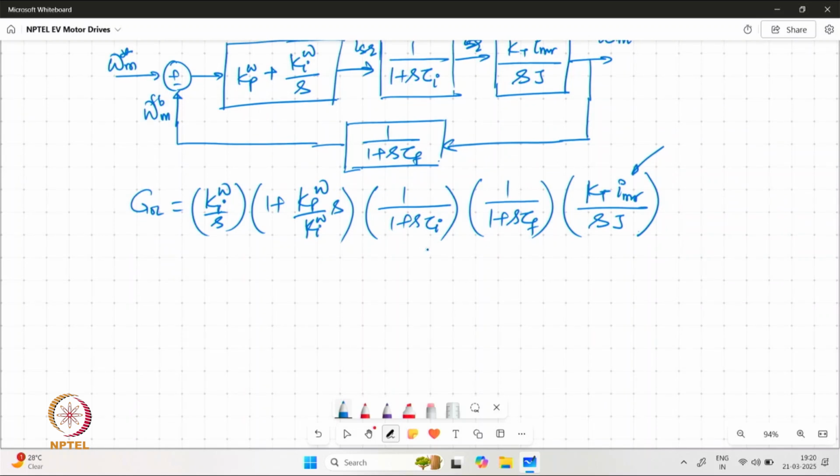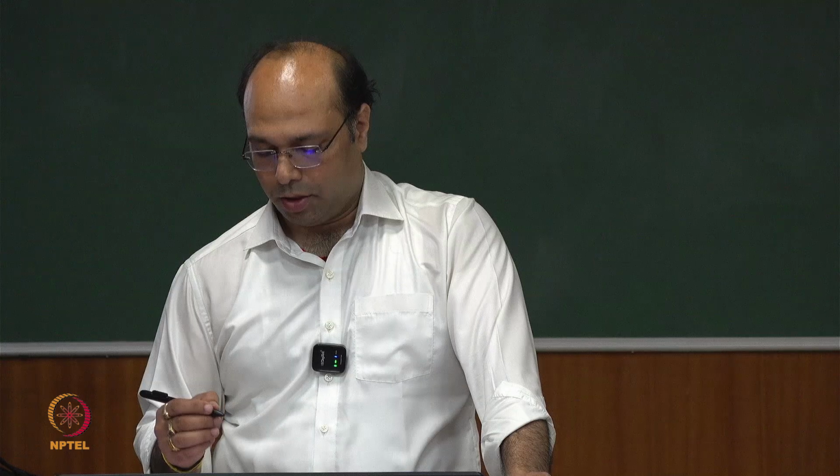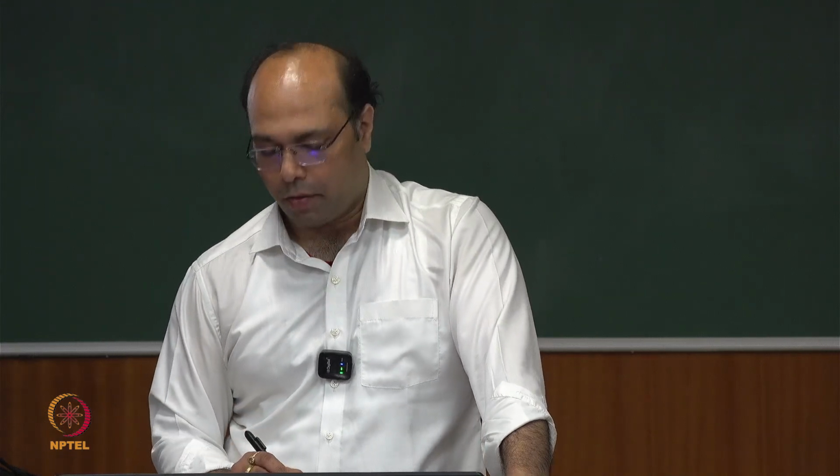And what we understand is that once again we have two first order poles sitting at different distinct locations which can be combined mathematically into a second order system, and once again the product of tau I and tau f is going to be much smaller compared to the sum of tau I and tau f.